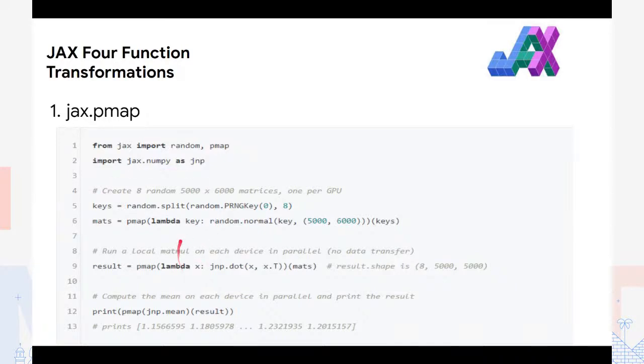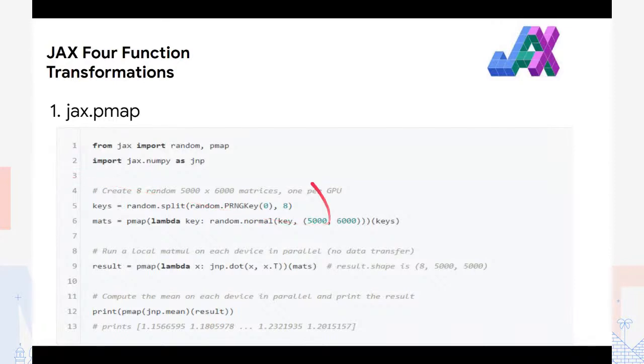And here, JAX is designed to take advantage of this parallel hardware for efficient computations, with features like the transformation function Pmap, that can distribute computations across multiple processing units. So yeah, this is about why we need this parallelism.